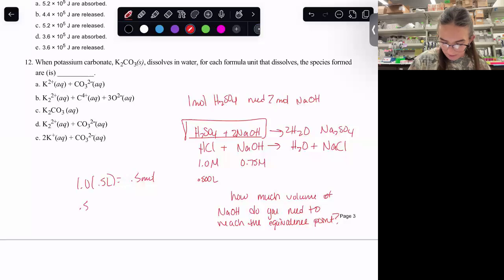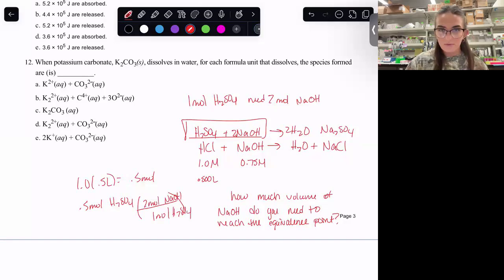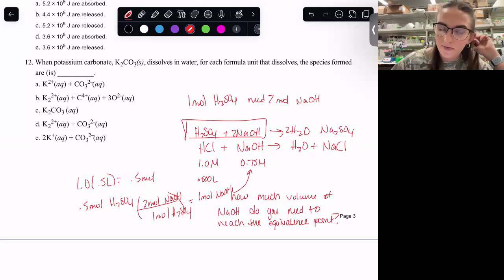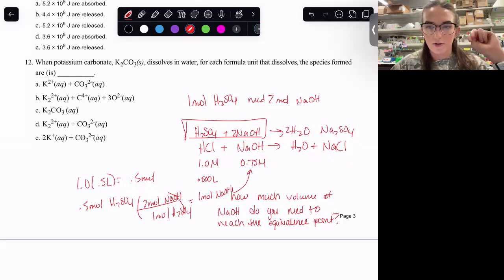So then you would say 0.5 moles of H2SO4, and 1 mole of H2SO4 is equal to 2 moles of NaOH. So then that gets 1 mole of NaOH. And then you can plug that in with your molarity and use it there to find the volume.